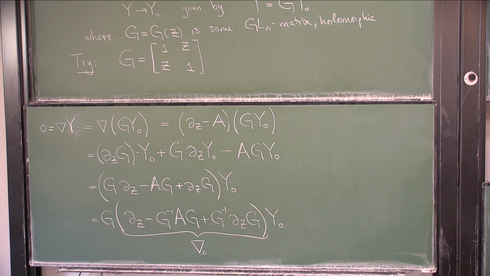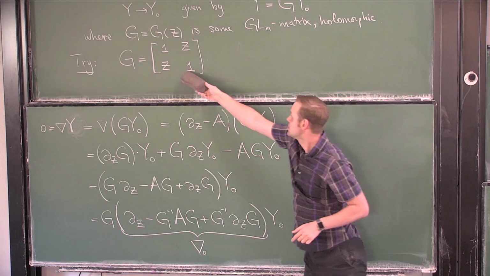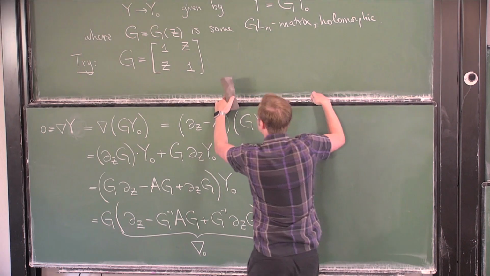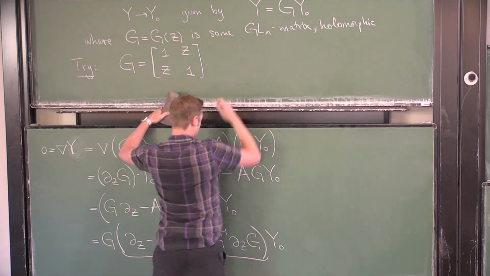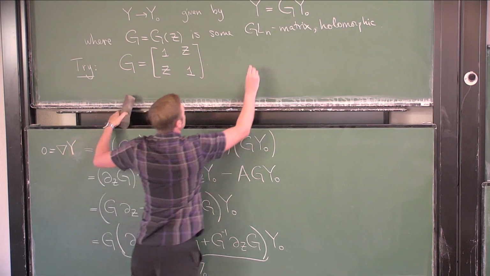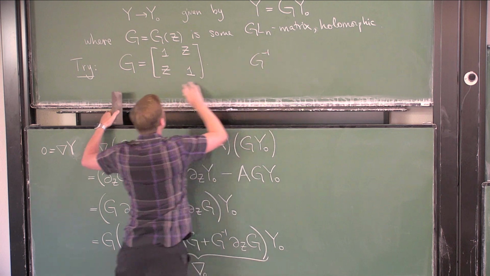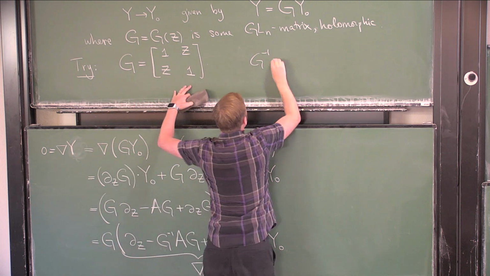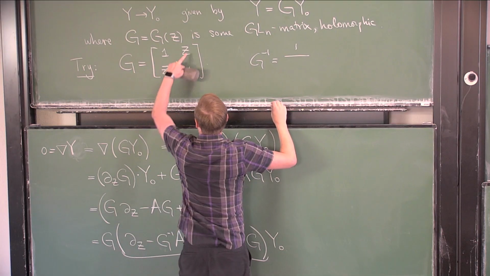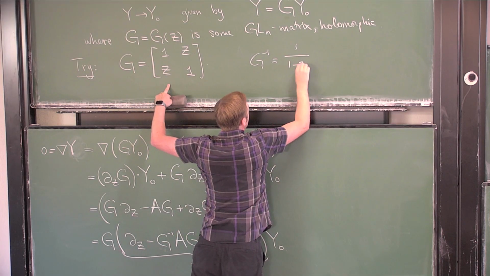So I encourage you now, whilst I erase the board, to literally take this G and plug it in here. Just to help you, one of the things that you need to compute is the inverse of G. There's a quick and dirty way to compute the inverse of a square matrix. There's a 1 over the determinant, which is 1 minus z squared.